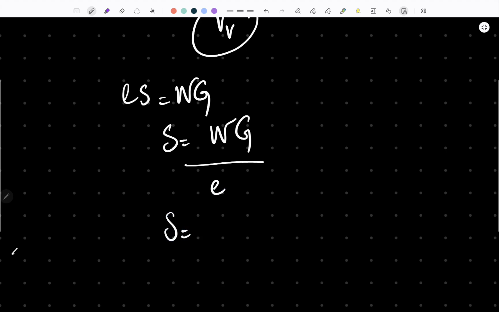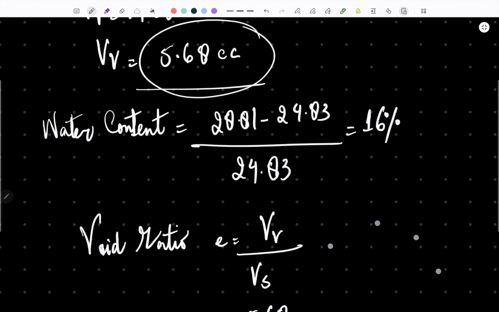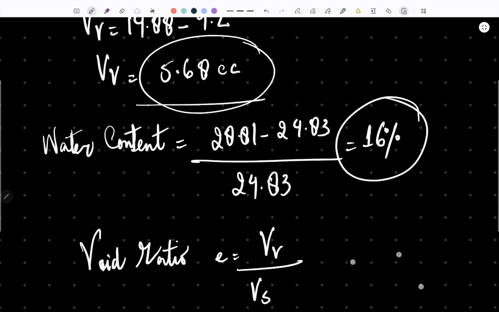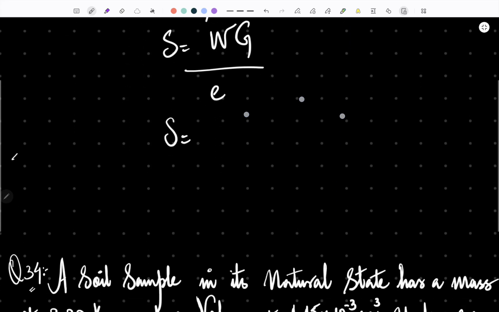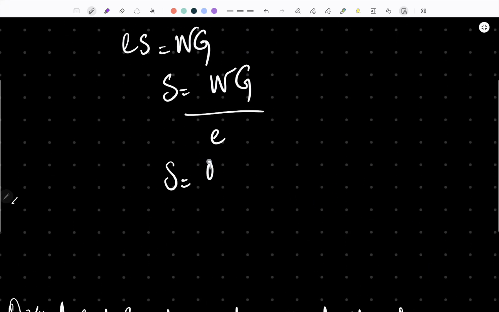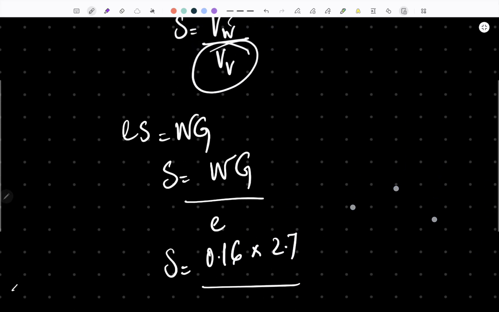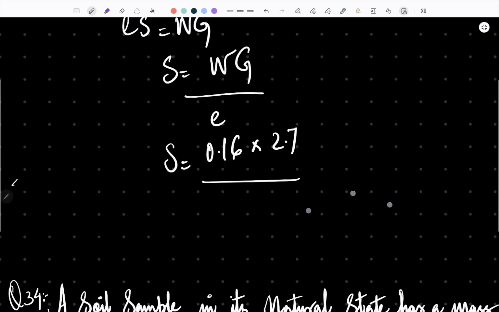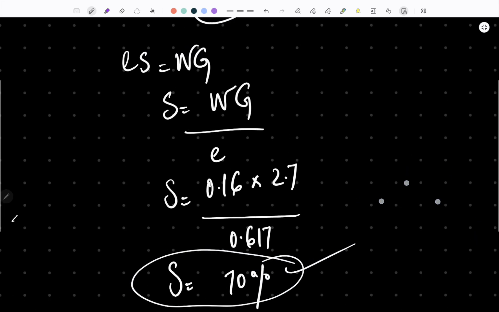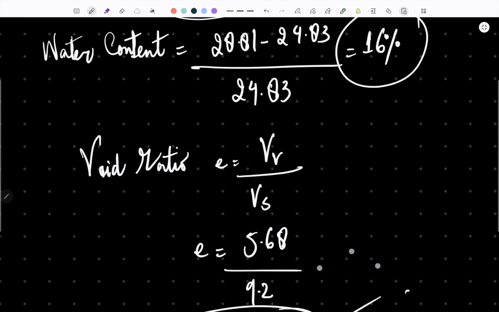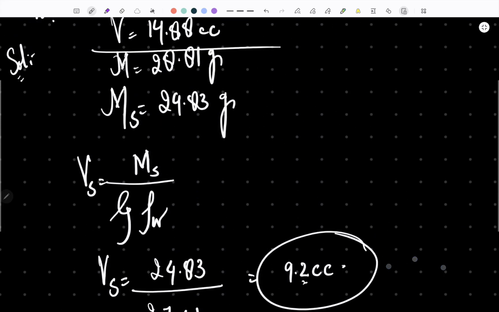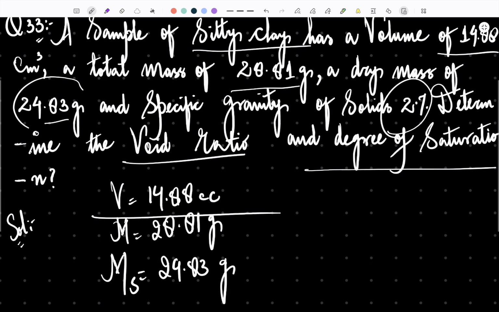Water content is 16%, so 0.16, G is 2.7, and void ratio we just calculated is 0.617. So by calculation, degree of saturation is 70%. So we have calculated both void ratio as well as the degree of saturation, and with this we have completed the question.